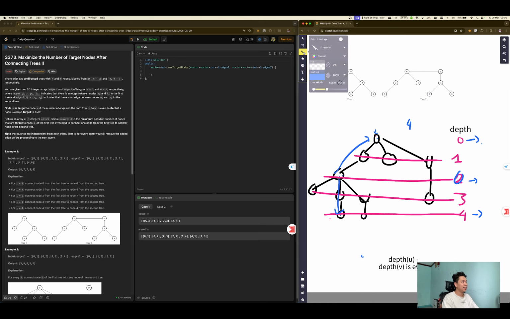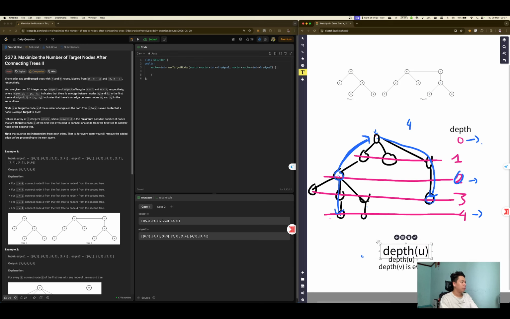Say, for example, you want to travel from this node to this node. If you want to travel from one node to another, it will cost you the cost of going to the lowest common ancestor, coming to the parent, and going down to that node. So it totally costs depth of u plus depth of v.